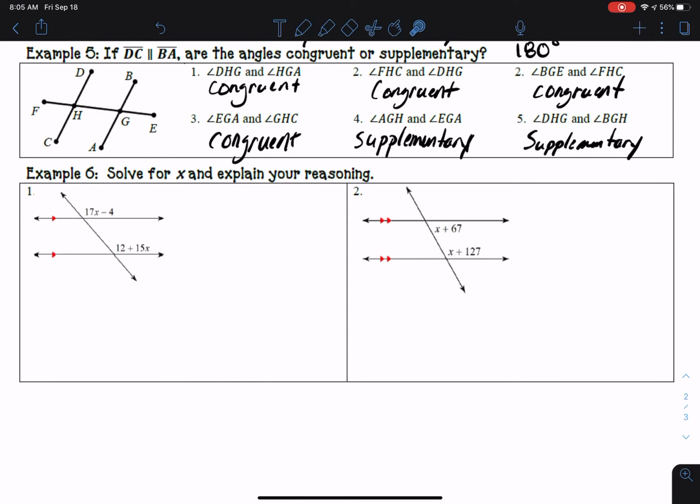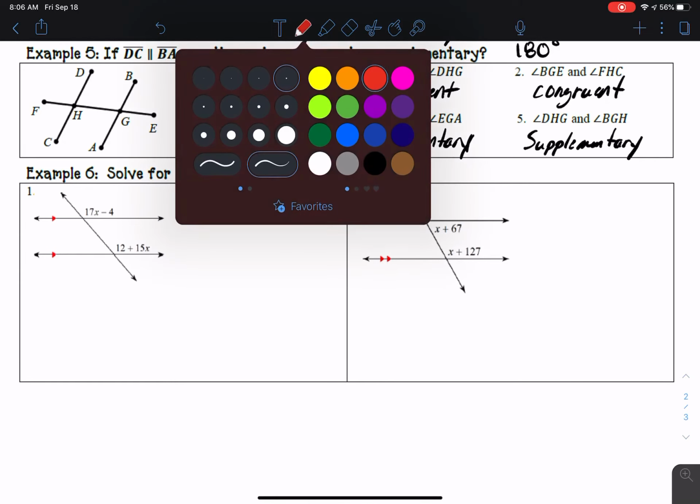Okay, let's make it common English. Big angle, so they're the same. So that means I could set them equal to each other. So I got 17x minus 4 equals 12 minus 15x. Okay, I got x's on both sides of my equal sign, so I need to move my x's to one side. For me, I'm going to move my x's to the left side, so I got to get rid of the ones on the right side.